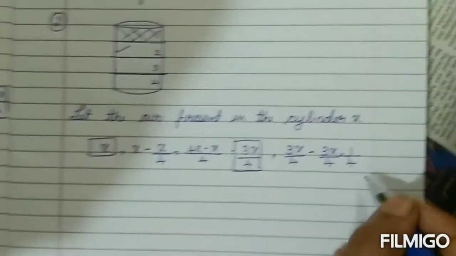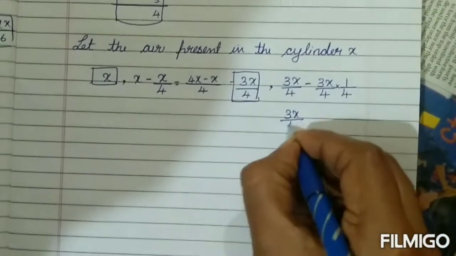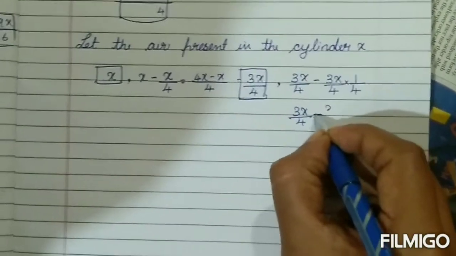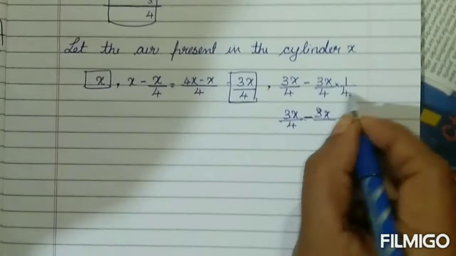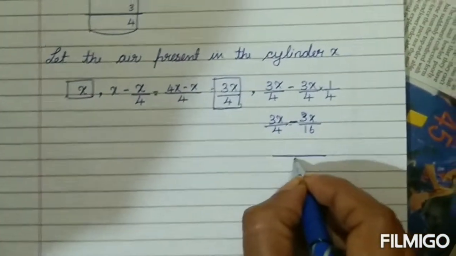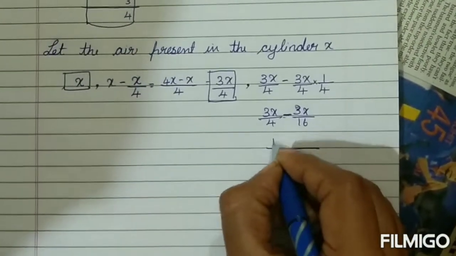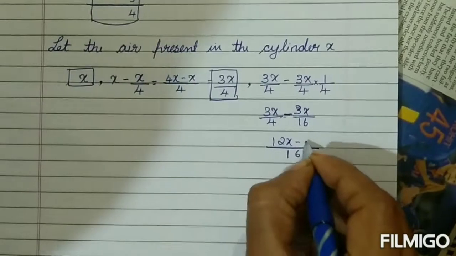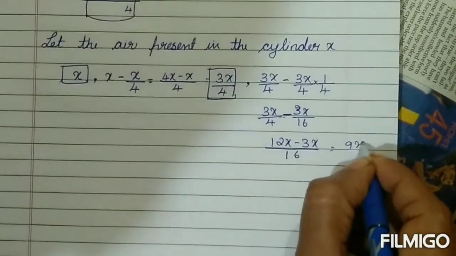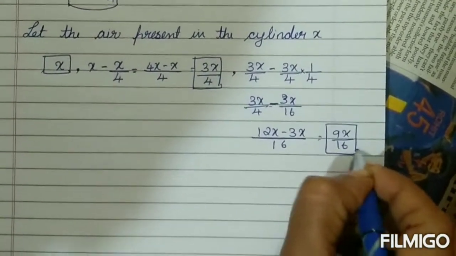Simplify: 4 fours will be 16. Take out the LCM, which is 16. 12x minus 3x is 9x by 16. Good. This will be your third term.